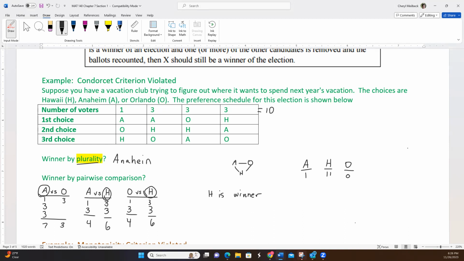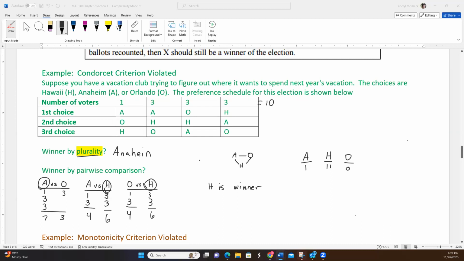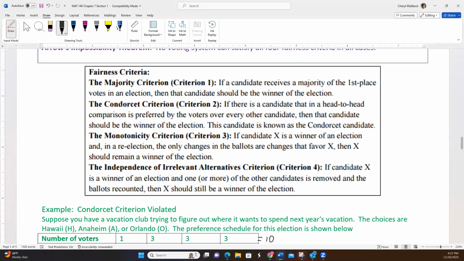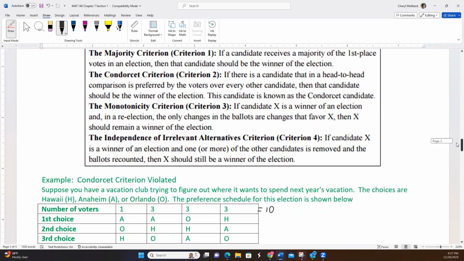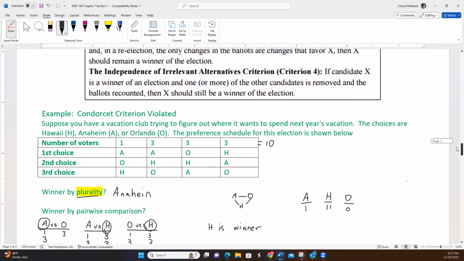Okay, so let's look at why the Condorcet criterion is violated. If we go back up here, it says the Condorcet criterion is that the candidate who wins in head-to-head voting should win. And if they don't, then the Condorcet criterion is violated.